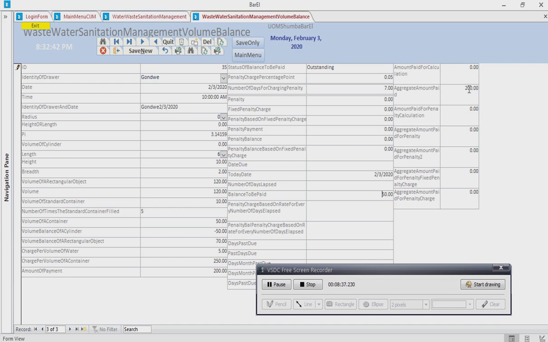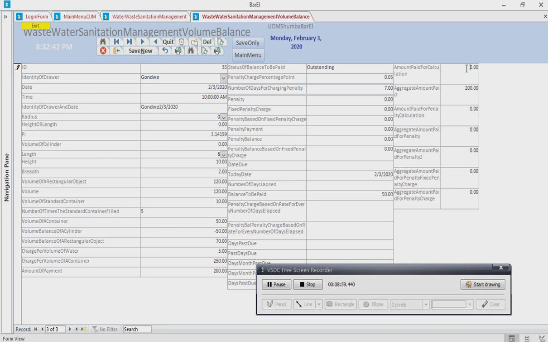If he later pays 30 kwacha, on this other side, the last 2 columns are for calculation.